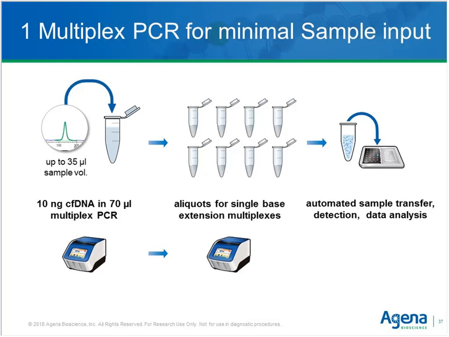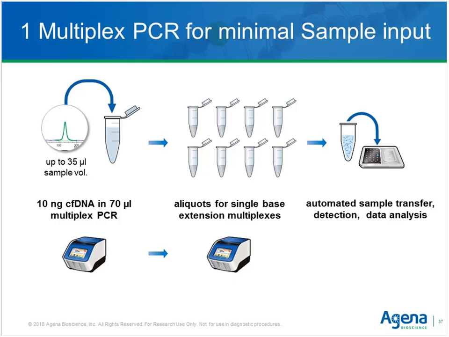Another important aspect that I mentioned earlier is that if you have low concentrated cfDNA, in the range of 0.3 nanograms per microliter, for instance, then the equation would require you to use more than 20 microliters of input material into your reaction.